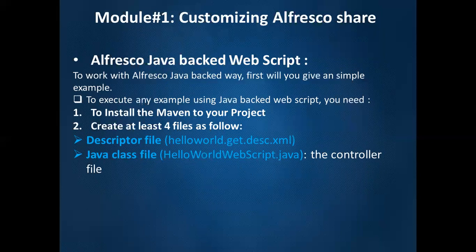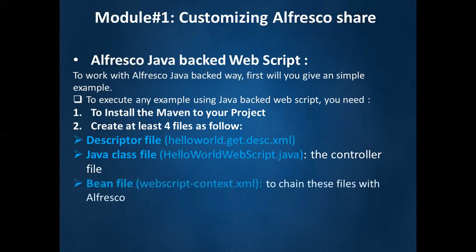The Java class file is the controller file. Last time in JavaScript web scripts, the JavaScript file was the controller file, but this time, with the Java backend web script, the Java class file is the controller file.